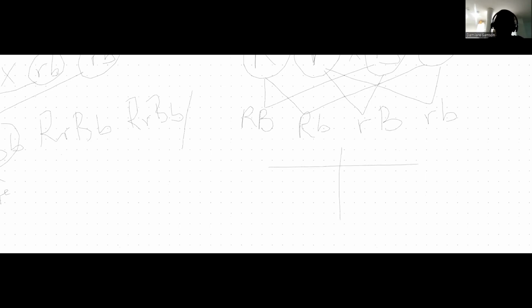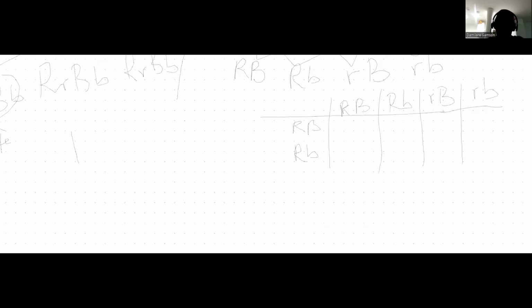So this will be RB, R small b, small r capital B, and small r small b. Don't let me make a mistake again. As you can see, you now begin your Punnett square again.